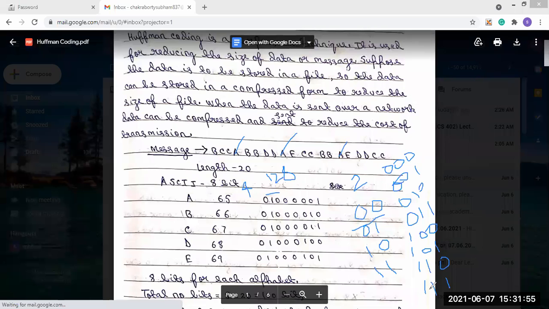So 8 characters can be represented using 3 bits. But if you see the table, how many characters are present in our table? 5 characters are present. So why will we use this 8-bit code? This is unnecessary, and that's why we will use the 3-bit code. Clear?